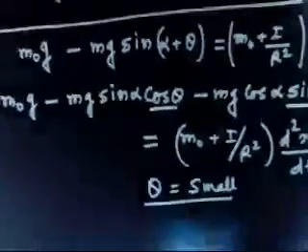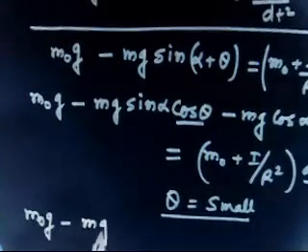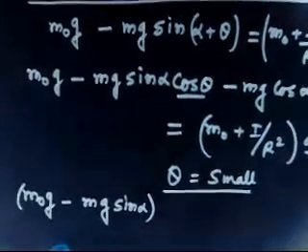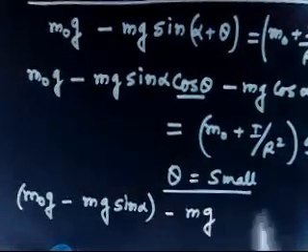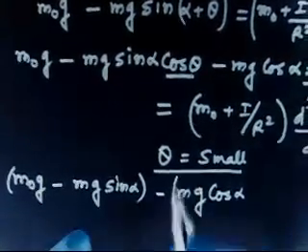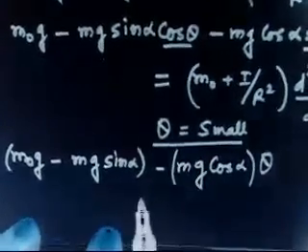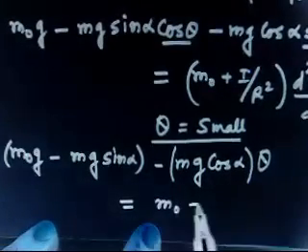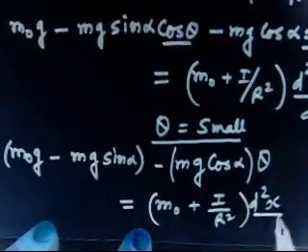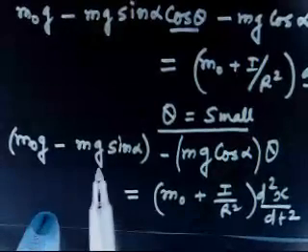So you will have m₀g minus mg sin α, because cos θ is 1 if the angle is very small, minus mg cos α, and sin θ will be simply θ, is equal to (m₀ + I/r²) d²x/dt².